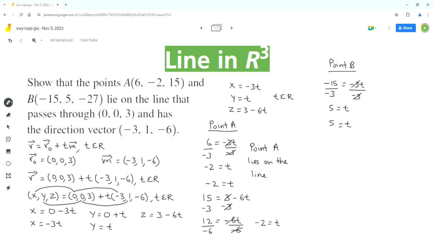Now we can sub in z as -27. I get t equals 5. That proves that point B lies on the line because we get the same t value from the x, y, and z equations.